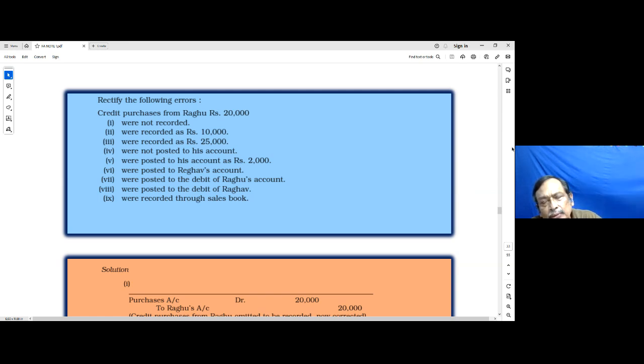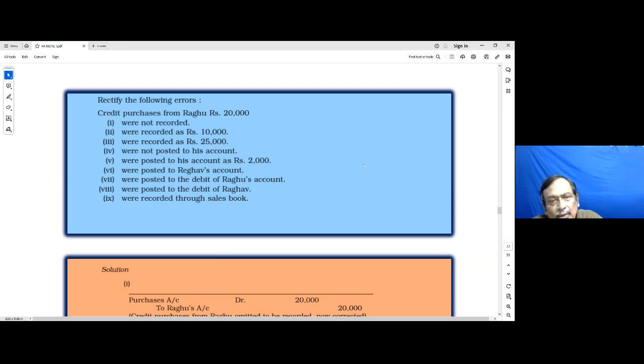Credit purchases from Raghu rupees 20,000 were not recorded, were recorded as rupees 10,000, were recorded as rupees 25,000, were not posted to his account, were posted to his account as rupees 2,000, were posted in Raghav's account, were posted in the debit of Raghu's account, were posted to the debit of Raghav account, were recorded through sales book. So credit purchases from Raghu rupees 20,000. These are the items, that is 1 to 9.